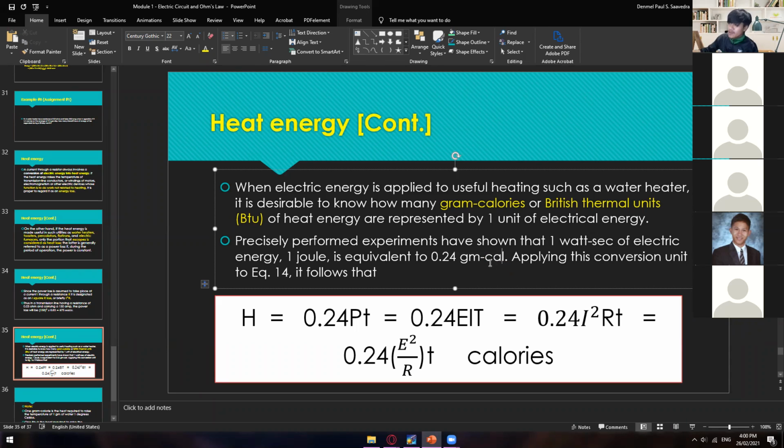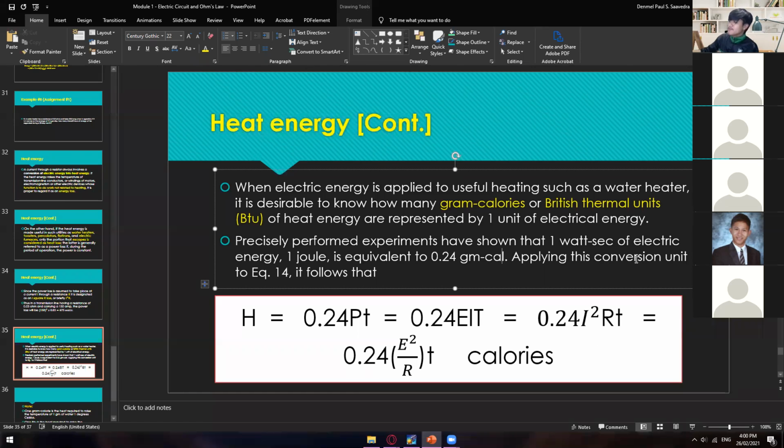So if you want to heat up, let's say, 10 gram calories, then you need 10 watts. If you want to heat up 240 gram calories, then you need 1000 watts for that. Okay, am I right? Yeah, 240 gram calories.